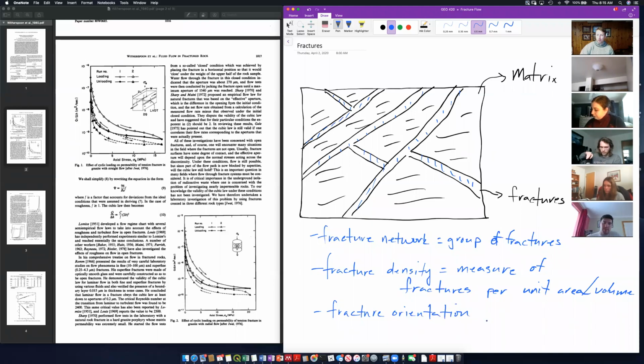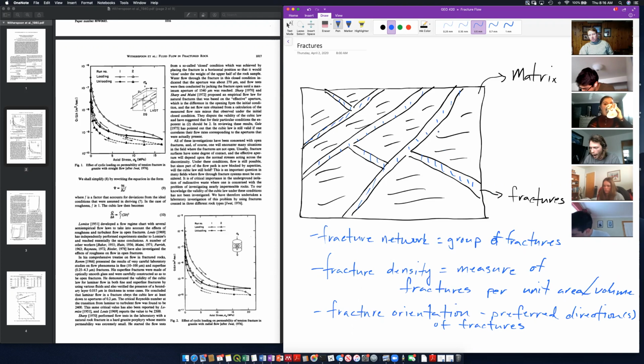That's the preferred direction. And there can be more than one of these. Okay, so fracture orientation.